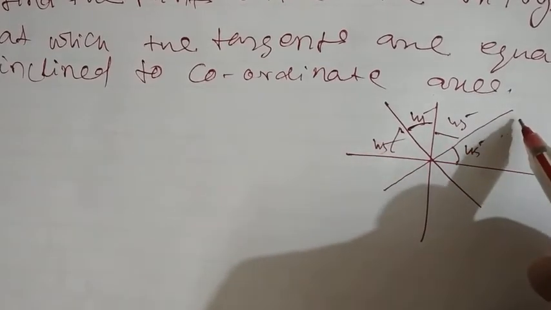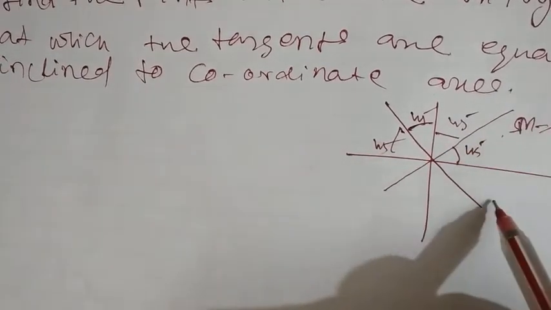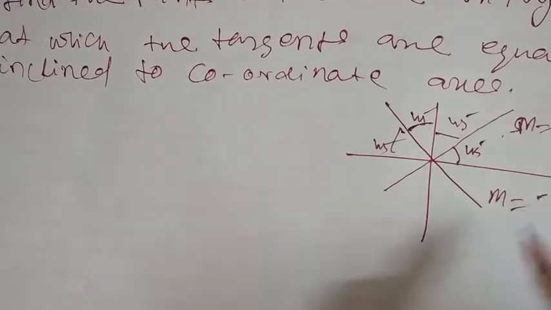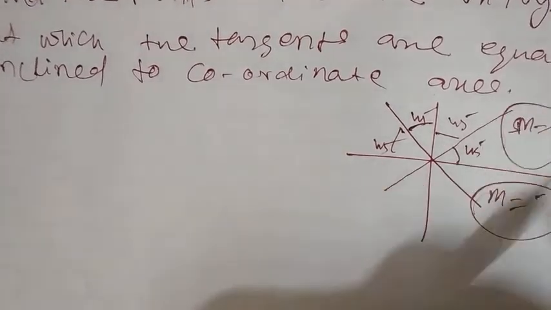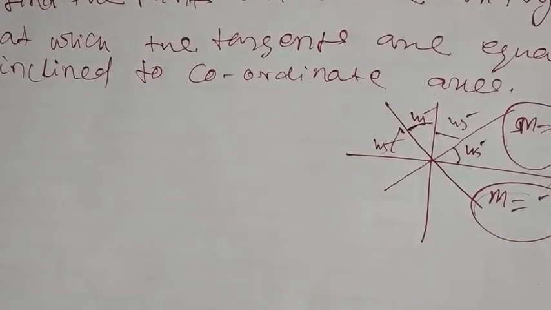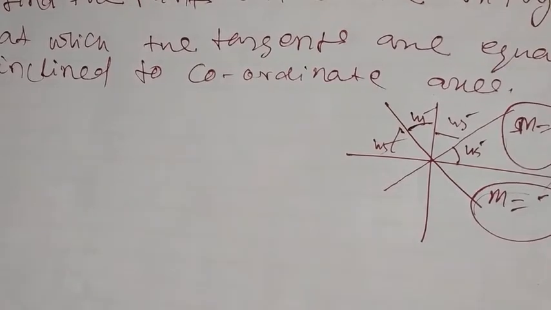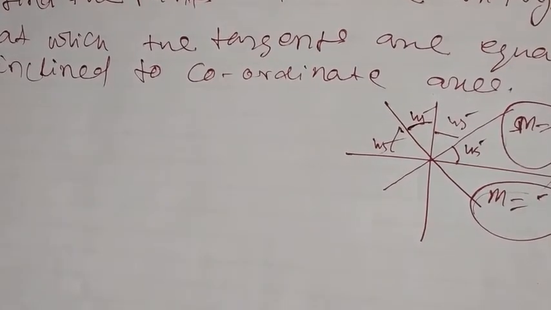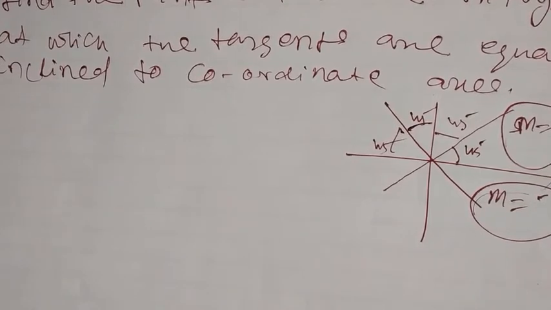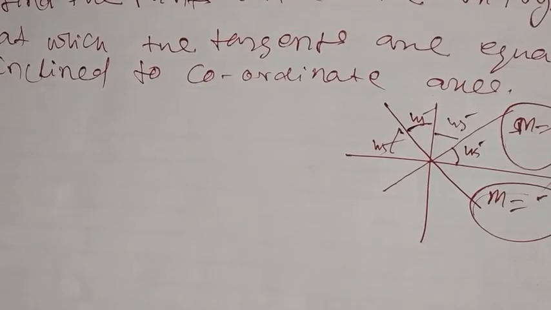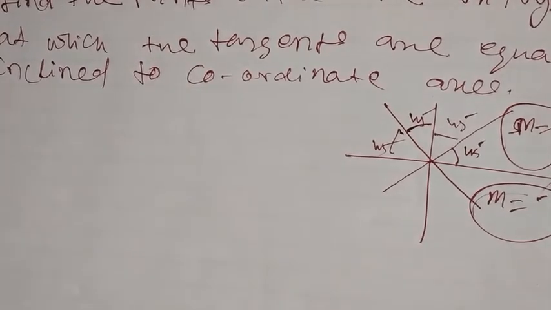Here slope is 1, here slope is minus 1. So what is the condition for a line to be equally inclined to the two coordinate axes? That is, slope is plus minus 1. So tangent is equally inclined to coordinate axis means slope of the tangent is plus minus 1.